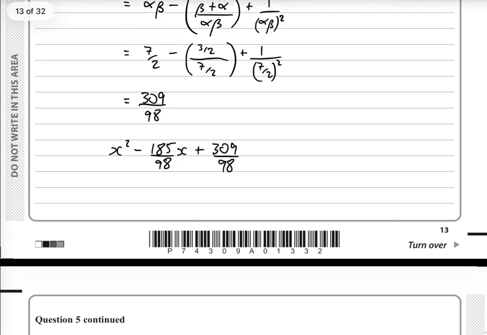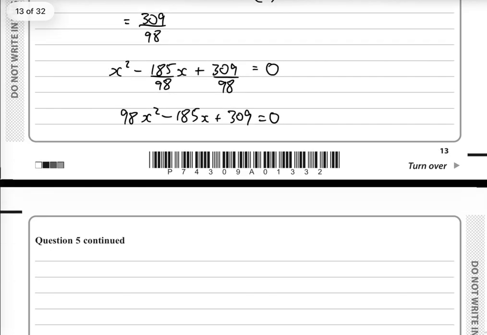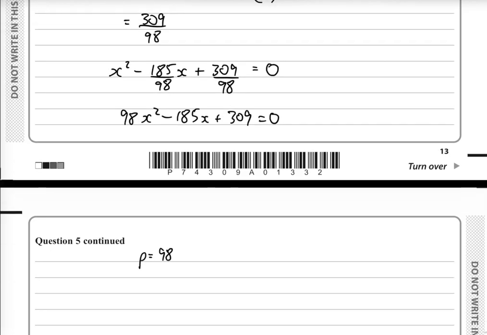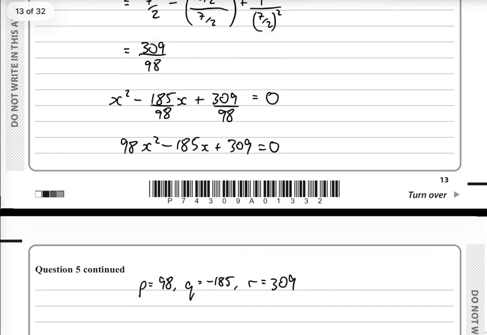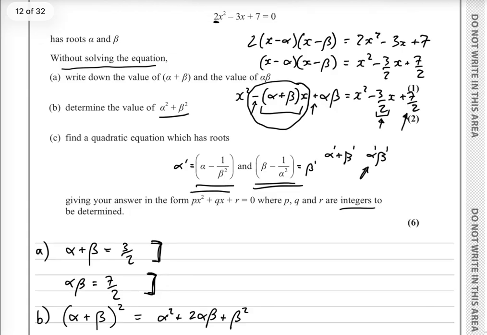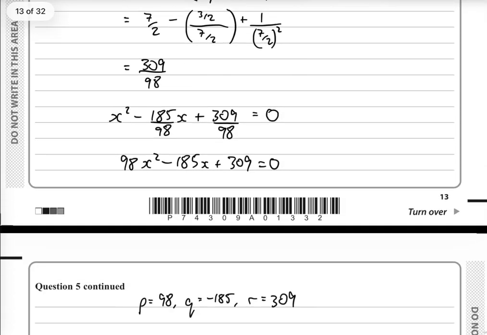So if we multiply everything by 98 there, we get 98x squared minus 185x plus 309 equals 0. Now they're all integers, so p is 98, q is minus 185, and I think r was 309. There we go. Question 5 finished. On to question 6.